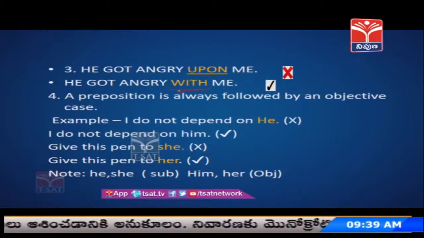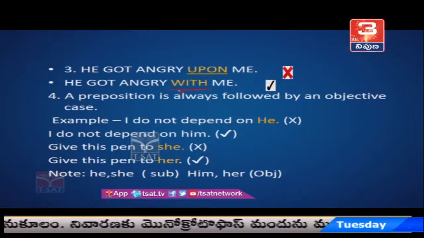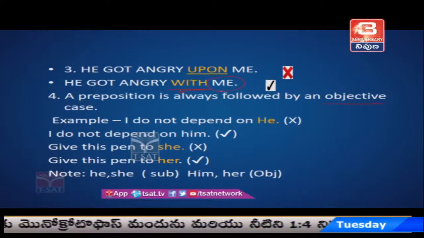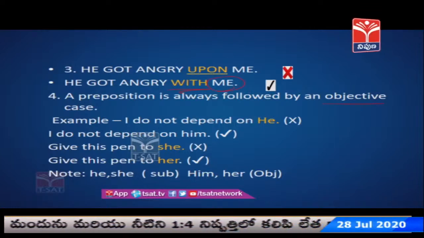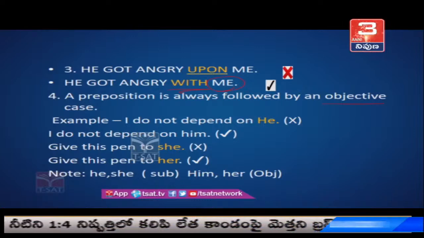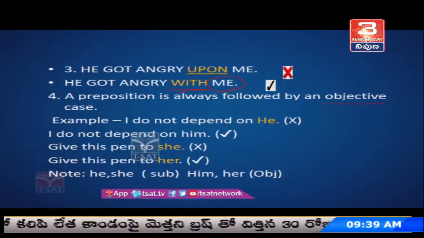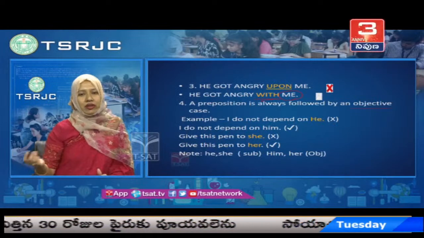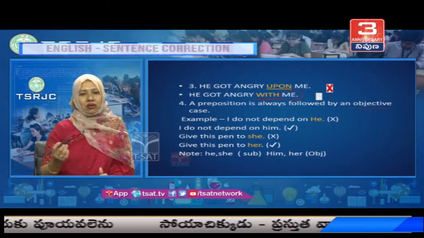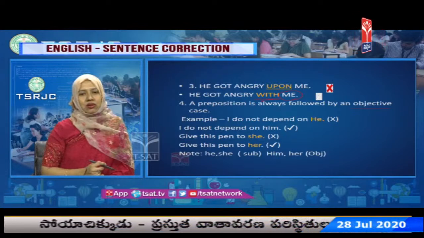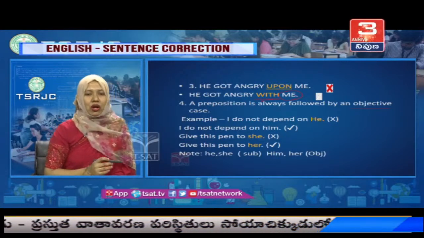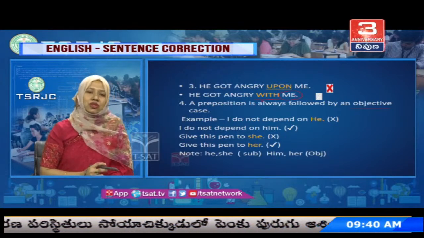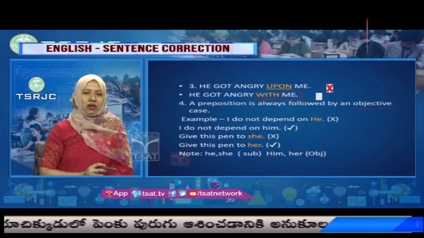A preposition is always followed by the objective case. When it is me, it should be with me, with him, with her. He got angry with her. She got angry with me or with him. So when these objective case pronouns are used, you should use with as the preposition.